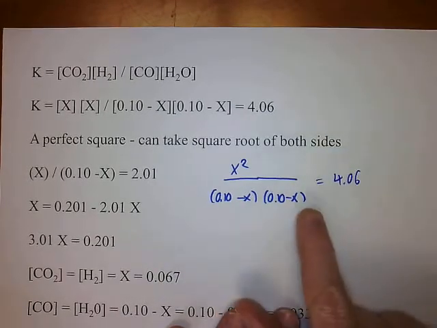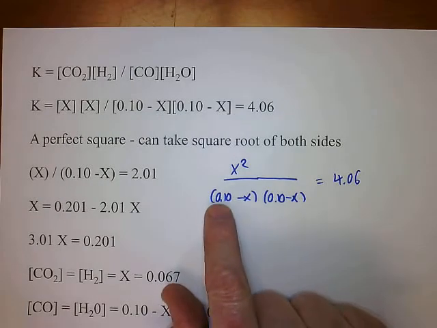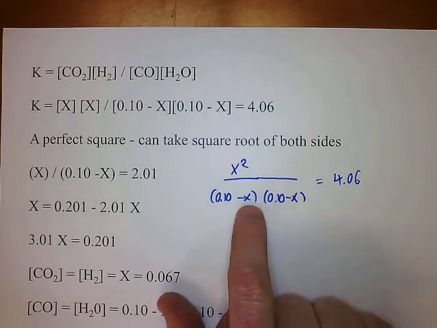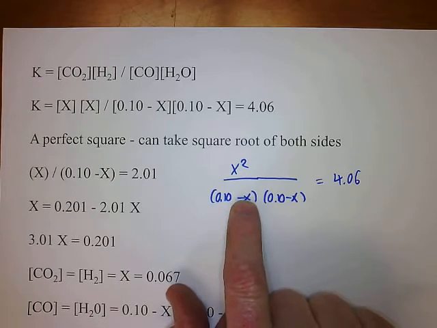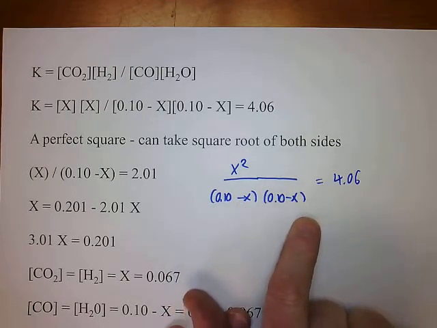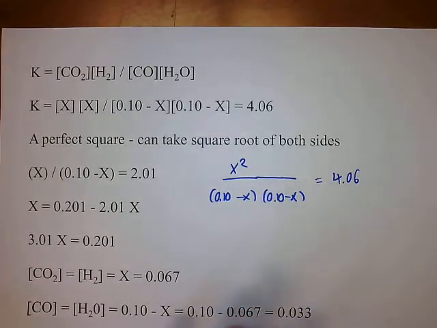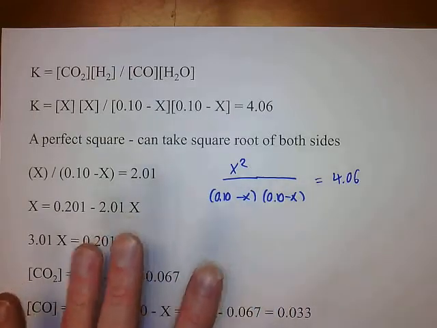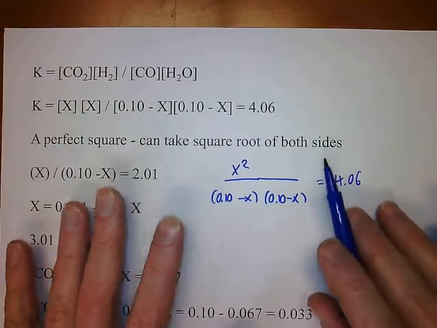And then we could write this out the long way. So 0.1 times 0.1 minus 0.1x minus 0.1x minus x squared. That would be a nightmare to try to solve out directly. But there's a trick here.